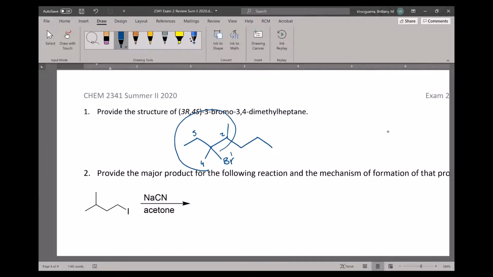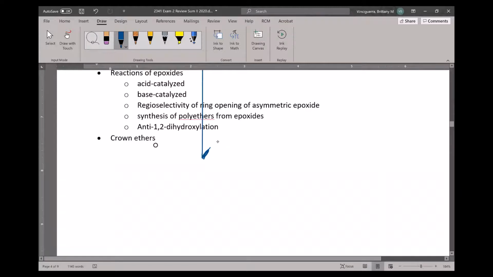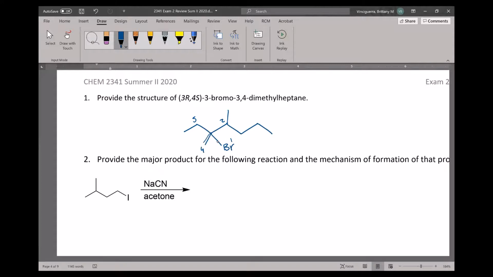That would be S. So if we want R, then we need to put our methyl group coming forward instead and put our bromine going to the back. That would give us the correct stereochemistry. So that's how I usually do it. I just assume that the lowest group is going to the back, and I check if it has the stereochemistry that I want. If it's the opposite, I bring my lowest priority forward.